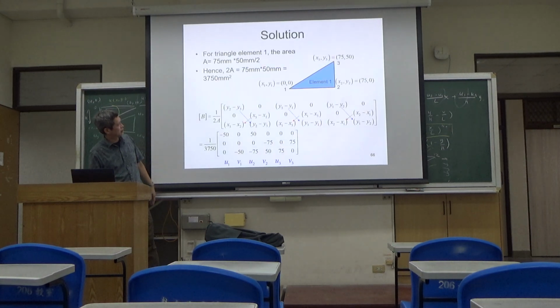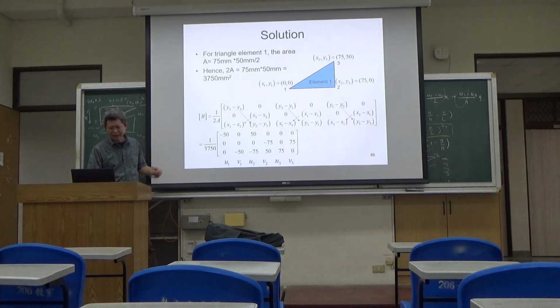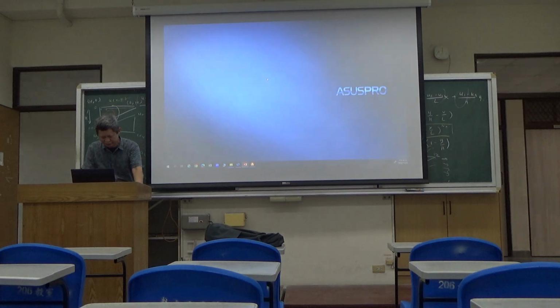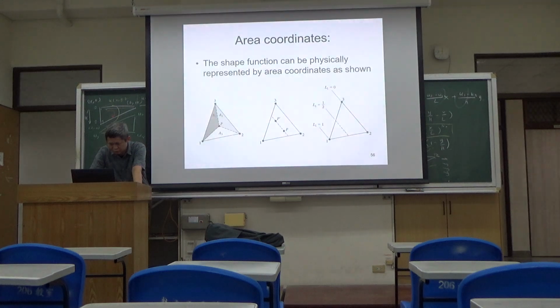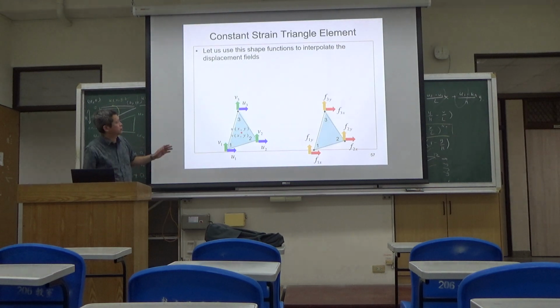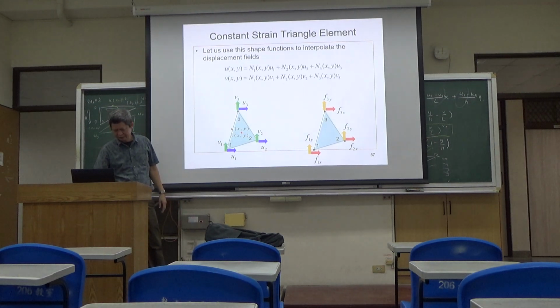What's a B matrix? The B matrix is the one that helps you to find the strain. There are some conventions. How do you memorize the determination of the B matrix? Let's come to this. You remember this constant strain triangle, node 1, node 2, node 3.